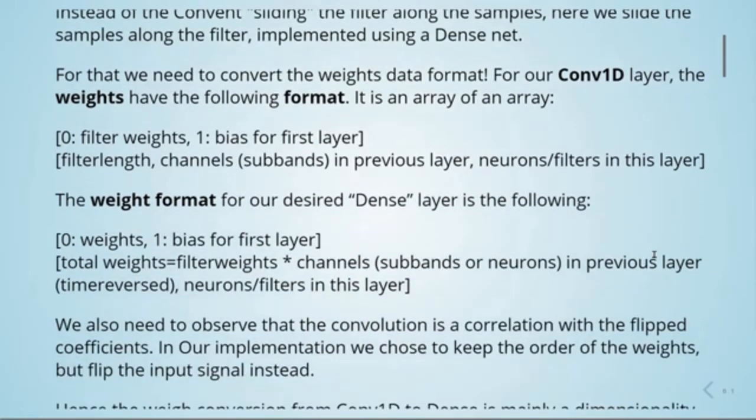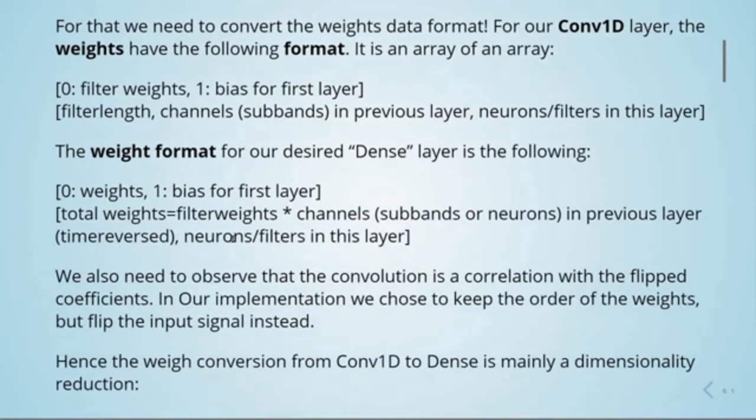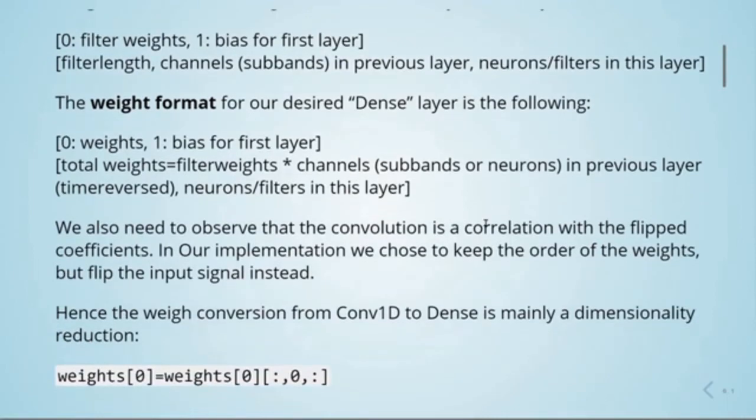So the weight format for our desired dense layer is weights and bias, but then we have the total weights, which is the filter weights times the channel, subbands or neurons in previous layer, time reversed, and then the neurons in this layer. We also need to observe that the convolution is a correlation with flipped coefficients.